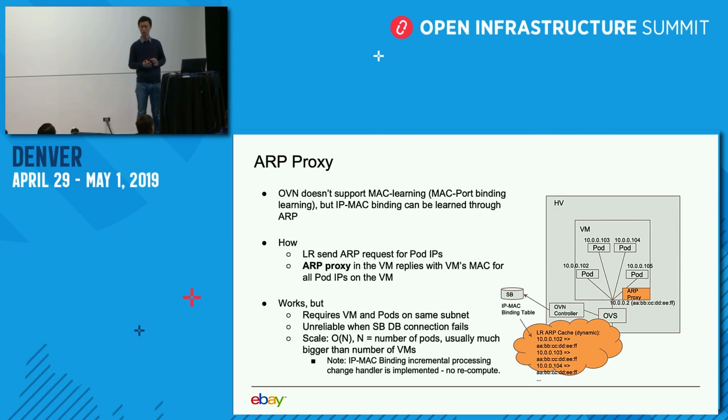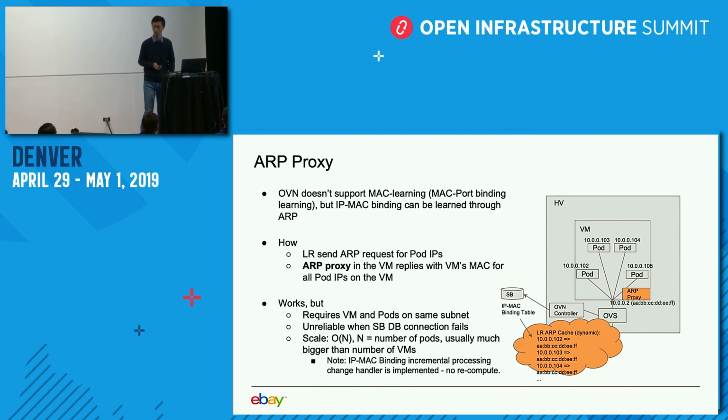Since OVN doesn't support micro-learning, we did a trick, which is the ARP proxy. When the logical router asks for the MAC address using ARP for the port IP, the ARP proxy on the VM will discover it and reply with the VM's MAC address.